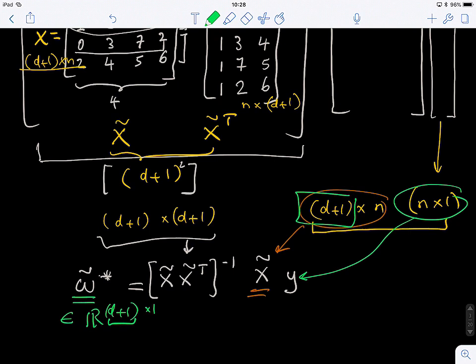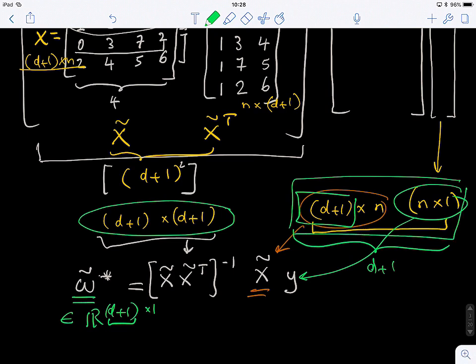At the end, you're going to get your D plus 1, because the output here will have D plus 1, and a matrix with dimensionality (D plus 1) by (D plus 1) times that gives you a vector. You're multiplying a matrix by a vector, so you're going to get the same dimensionality, okay? It's just a D plus 1 vector.